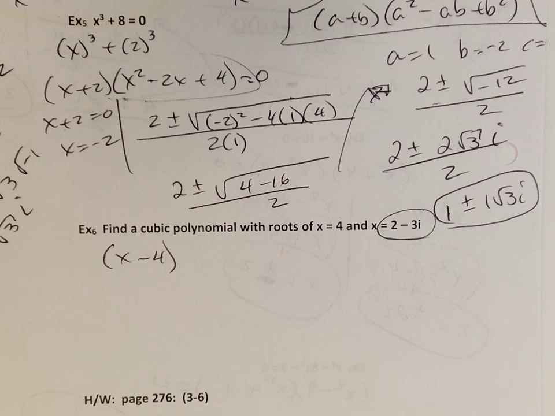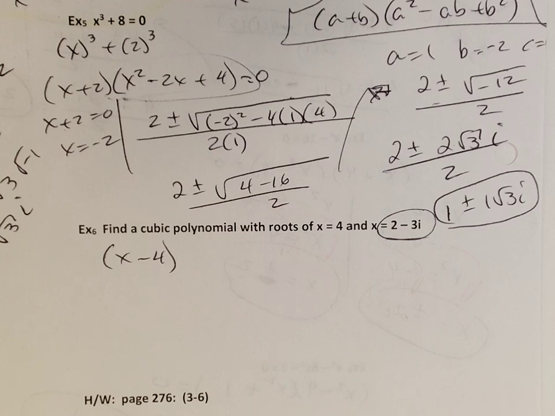So then I have x, if I bring that over, minus 2, bring that over, plus 3i equals 0, okay? And the same thing here: if I bring it over, I have x minus 2 minus 3i equals 0, okay? So then my polynomial p of x would be x minus 4. So this is the question, what was the original question?